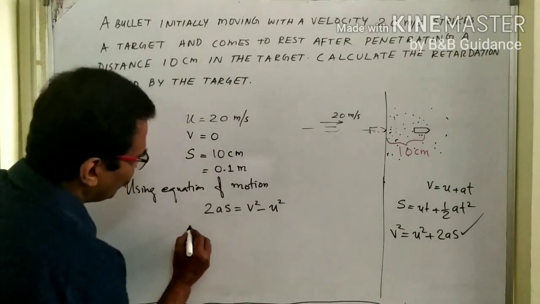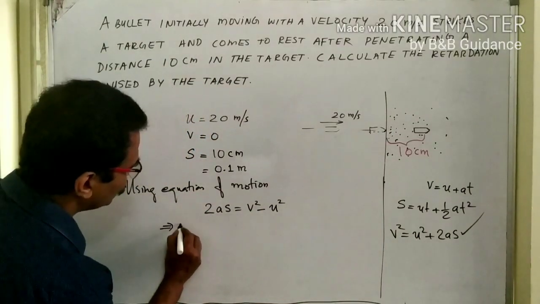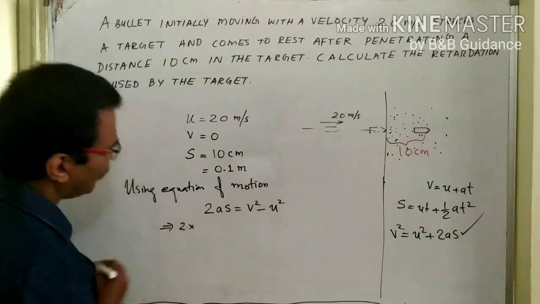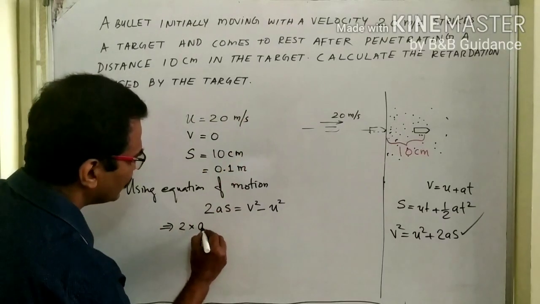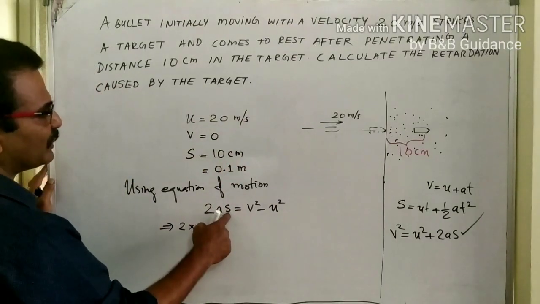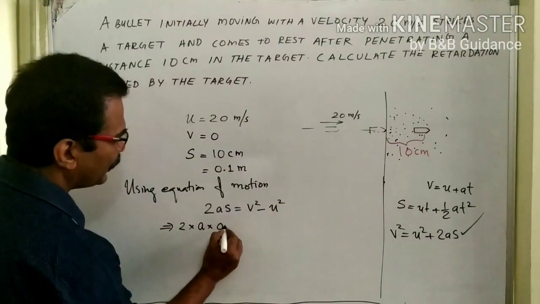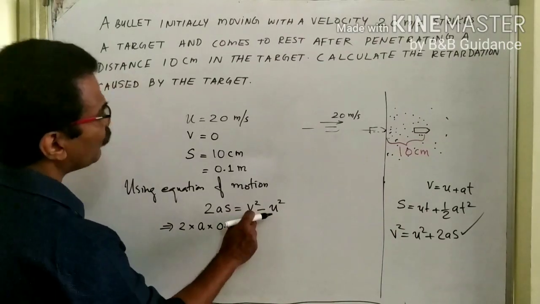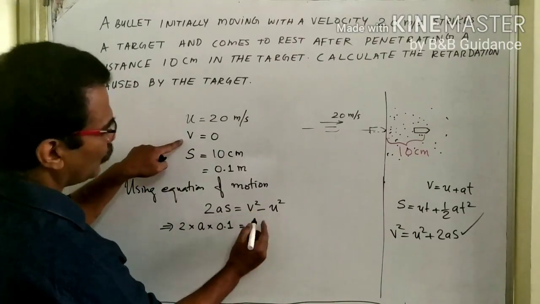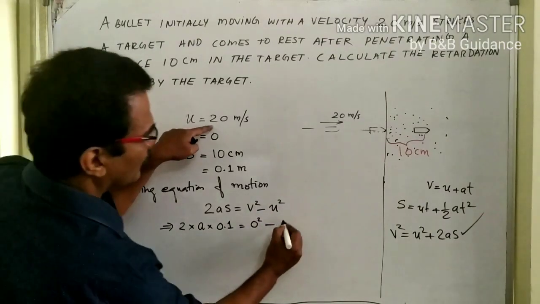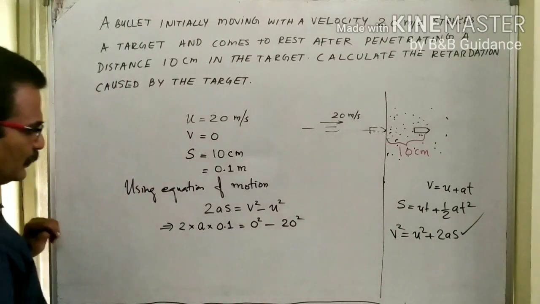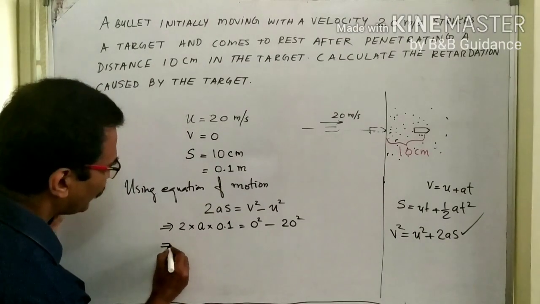Now I am going to substitute. That implies 2 multiplied by a, that a we have to find, into displacement 0.1, equals v squared. V is 0. 0 squared minus u squared, 20 squared.